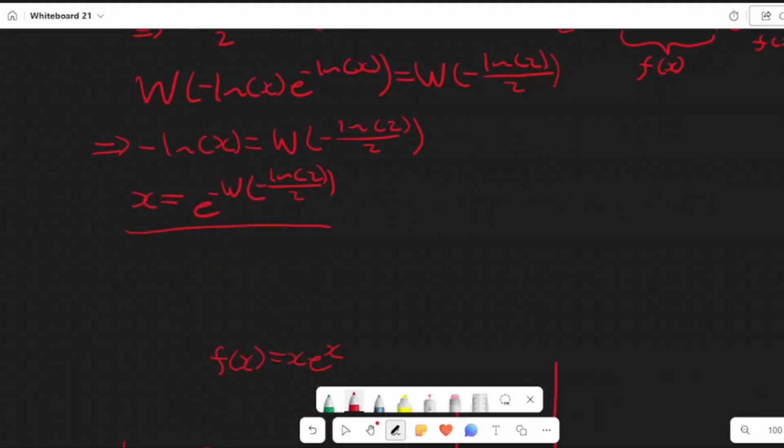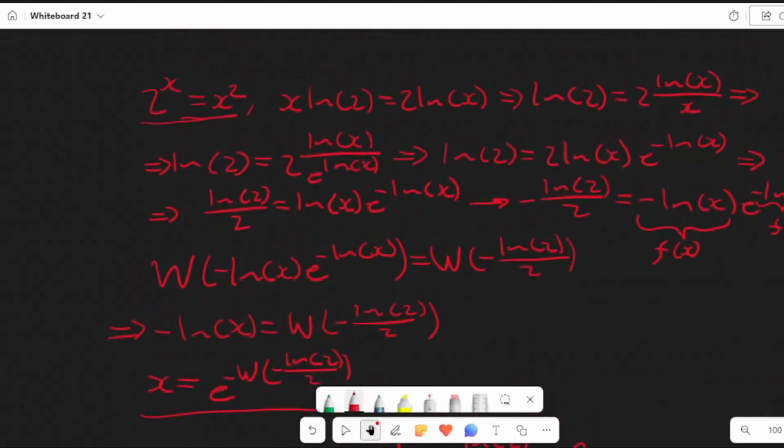This actually branches off into two different solutions, since negative natural log of 2 over 2 is between negative 1 over e and 0. And for that reason, it actually has two real solutions. But it still won't cover all of the solutions for this particular equation.